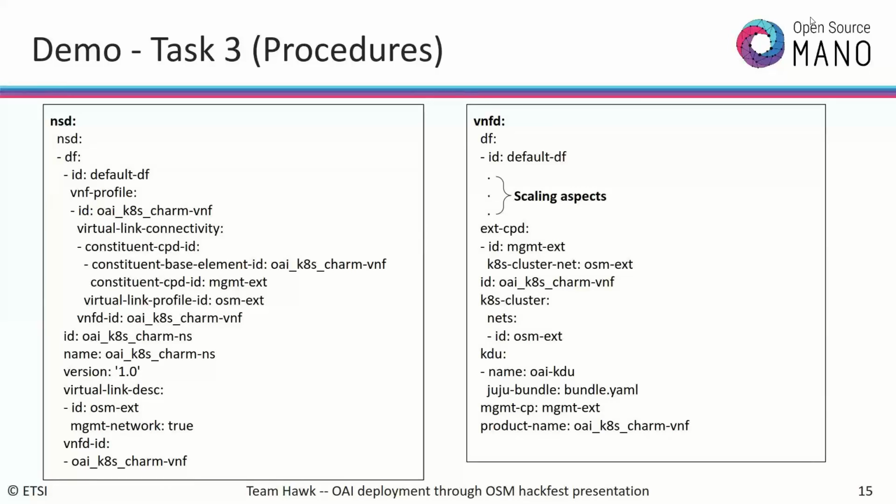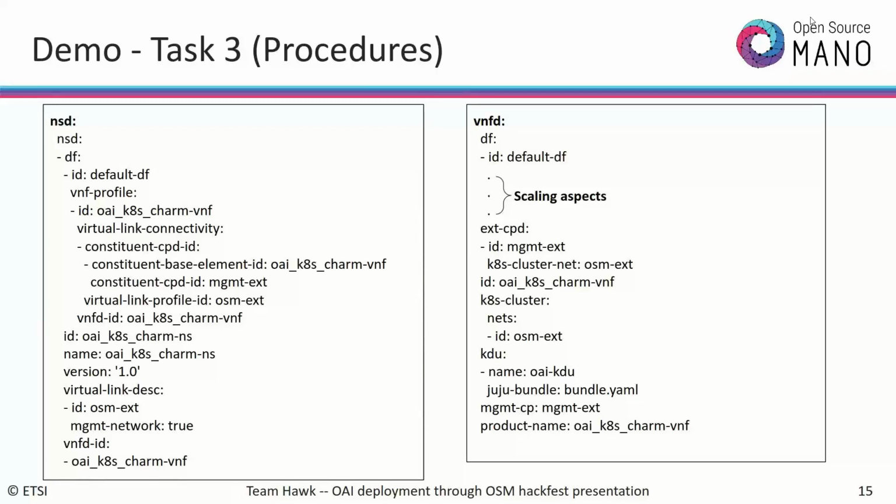Here, basically, we have a reference to the VNF that we will be using. In this case, it's just one, because since we are using Juju bundles, the Juju bundle is in charge of deploying the rest of the pods that we'll later see in the Kubernetes framework.